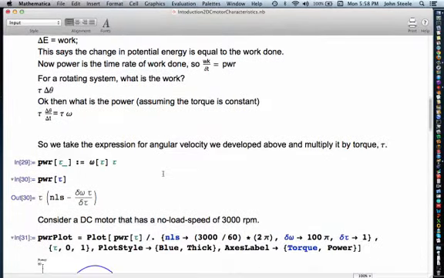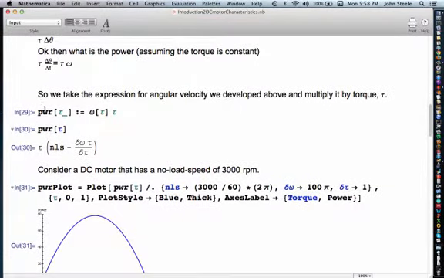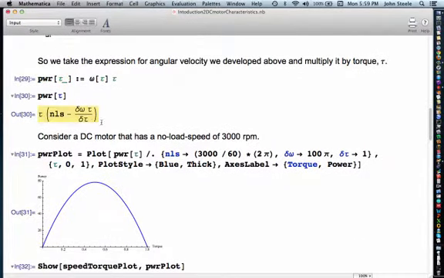So I've written an expression here for power basically as a function of angular velocity times torque. And when I put those two together, Mathematica tells me that it's tau times the quantity no load speed minus delta omega times tau over delta tau.